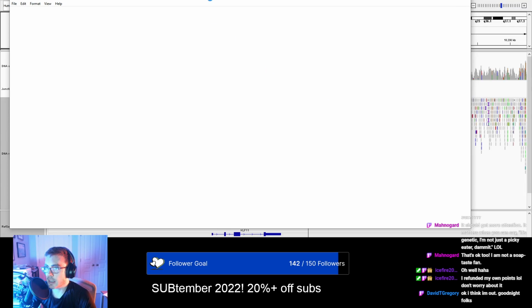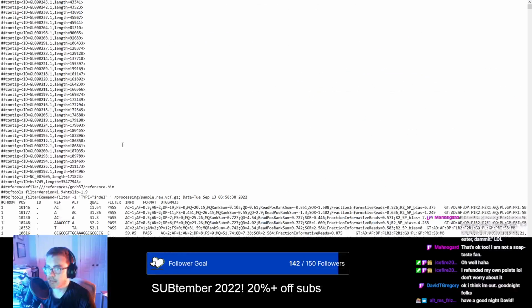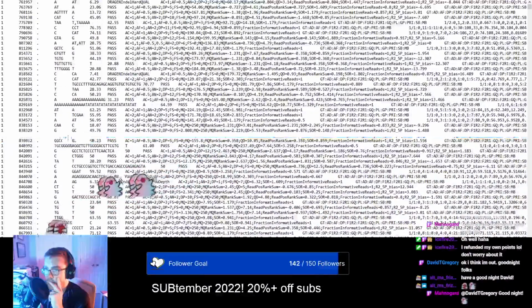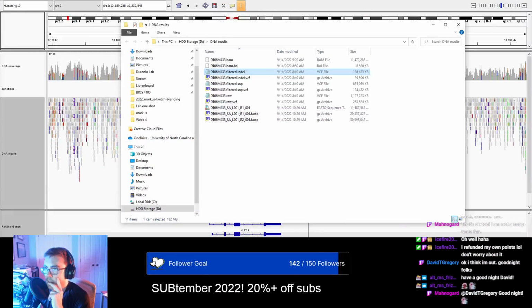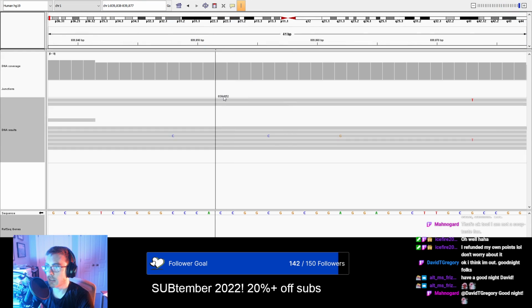I'm still really interested in these insertions and deletions, though. I just don't know how they're determining this. I don't do enough with VCF files.